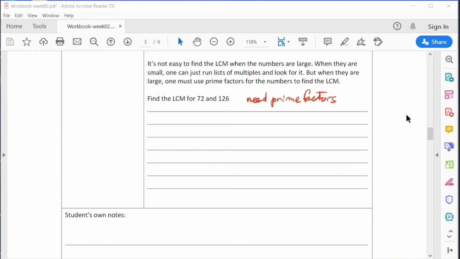Now, among the four of you, does any of you know how to deal with this, to find the LCM for big numbers like 72 and 126? Do you know any way to do that at all? I do. You do? My mom taught me this really easy method.